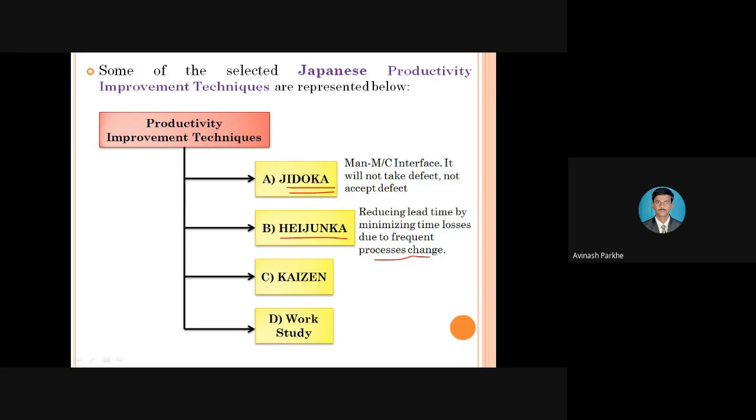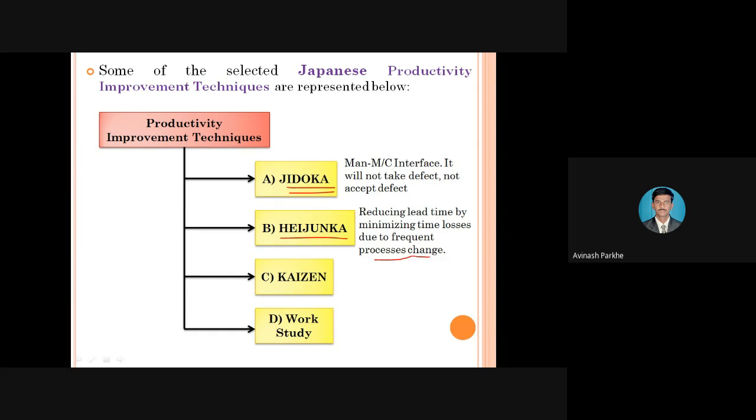What happens while converting the raw material into finished goods? Many times we change the manufacturing process. Sometimes we implement this, sometimes we implement that. Due to the continuous change in the manufacturing process, the time of that process goes on increasing.